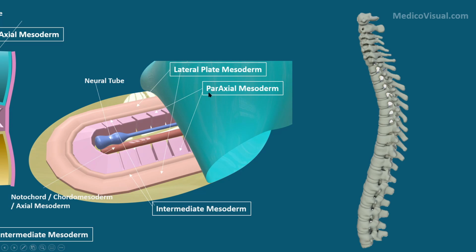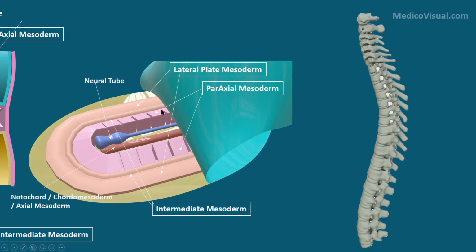These segments of paraxial mesoderm are called somites, and this process of formation of somites from the paraxial mesoderm is called somitogenesis. So let's first talk about somitogenesis.